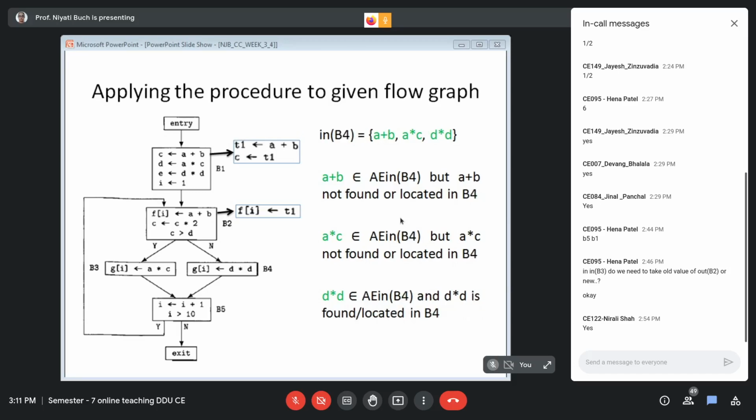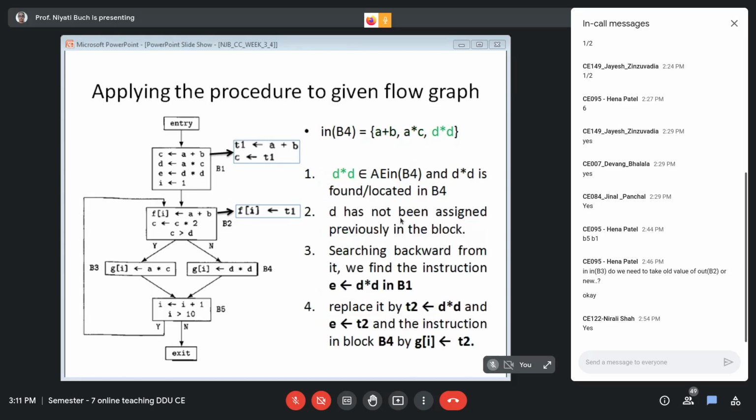Moving to the next block, we will just leave that one expression for now. There is some mistake that we will sort out. Now A plus B is not located in B4. A into C is also not located in B4, but D into D is found in B4. So we have to take a temporary, because it is found. Let's check whether it has been assigned in the block or not.